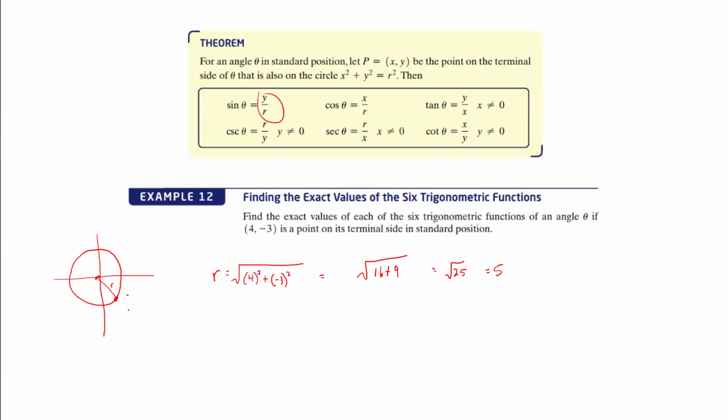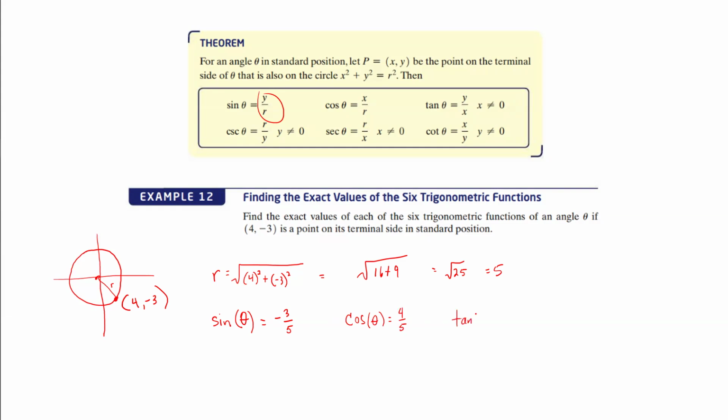Since this coordinate was 4, -3, the sine of the angle theta is going to be equal to y over r, so that's -3 over 5. The cosine of theta is going to be x over r, so 4 over 5.